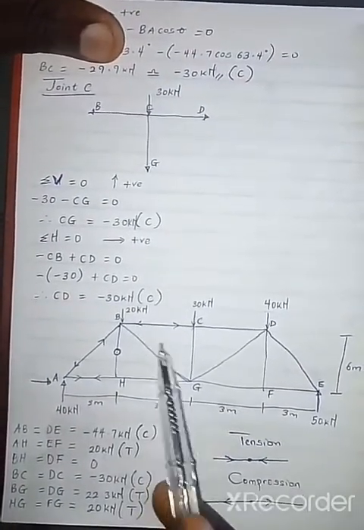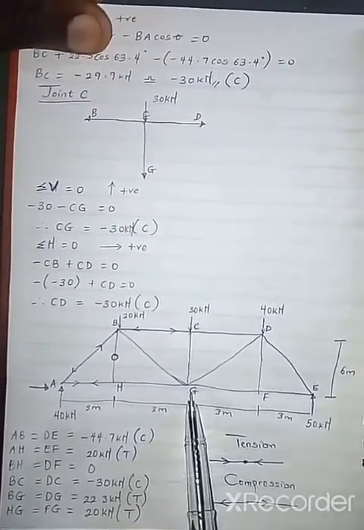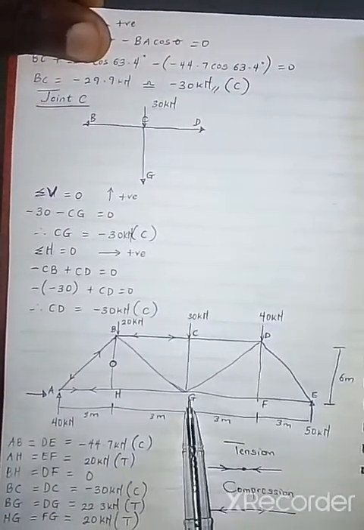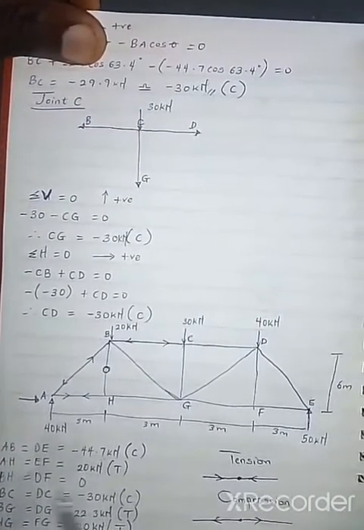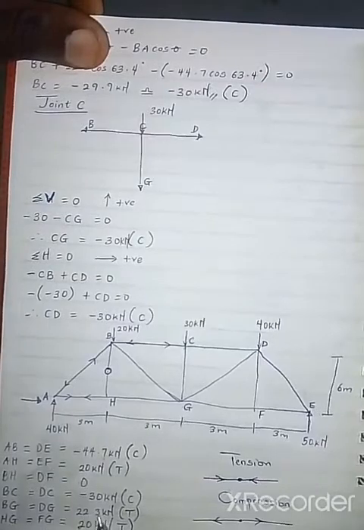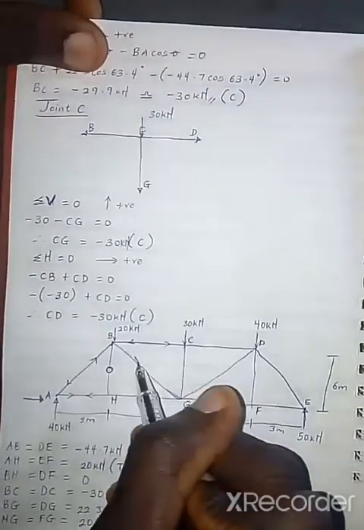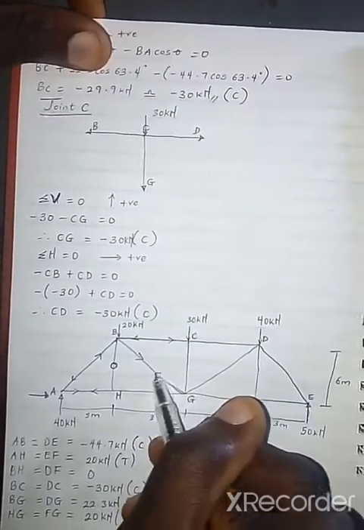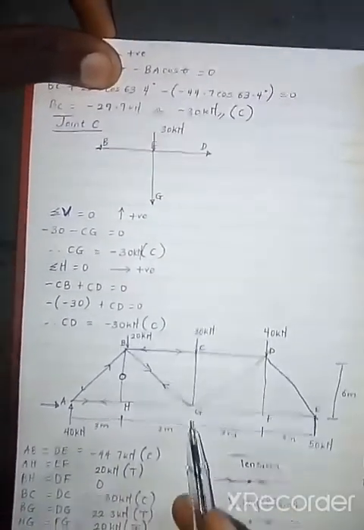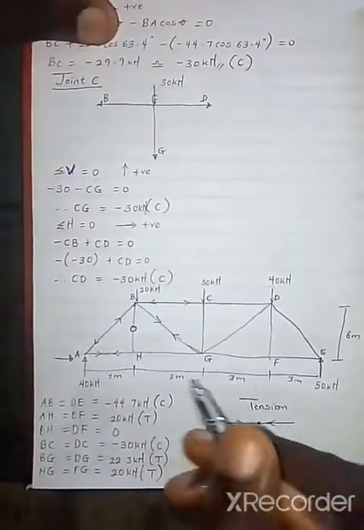Then BG is acting as the diagonal, as the strut, BG 22.3 tension, HG tension 20 kilonewtons.